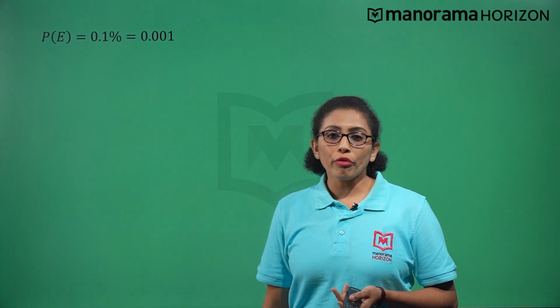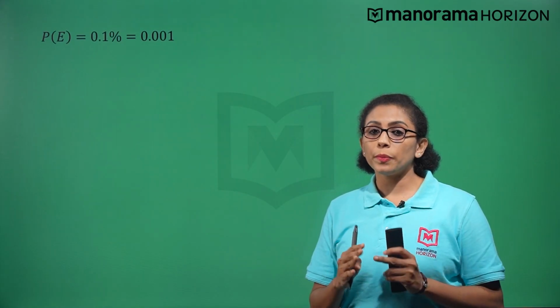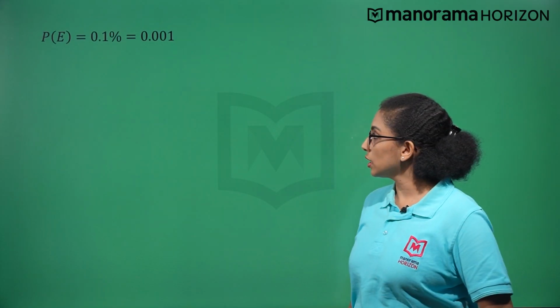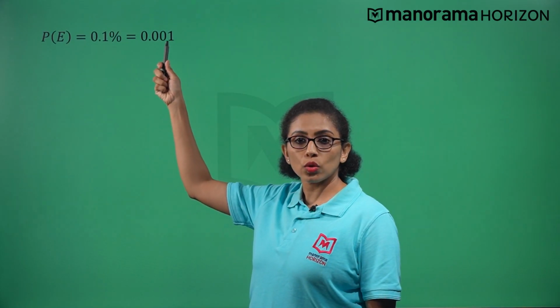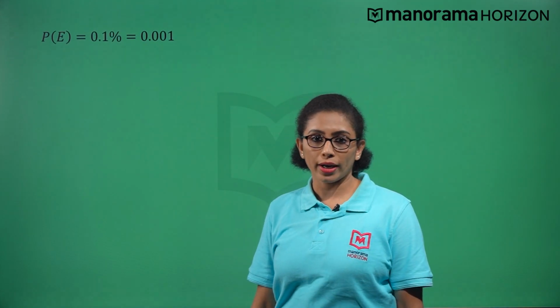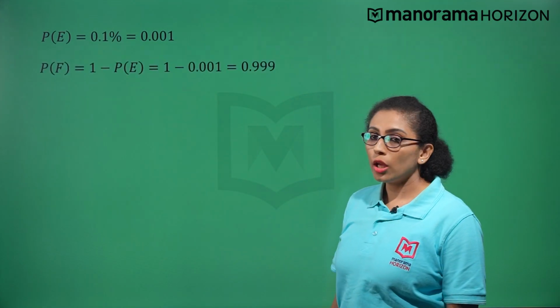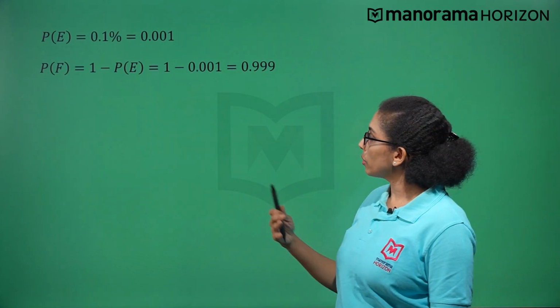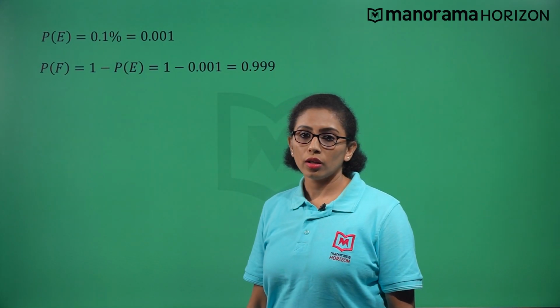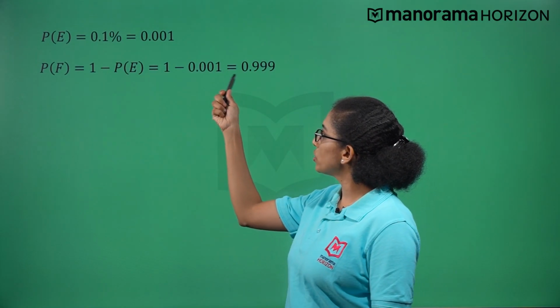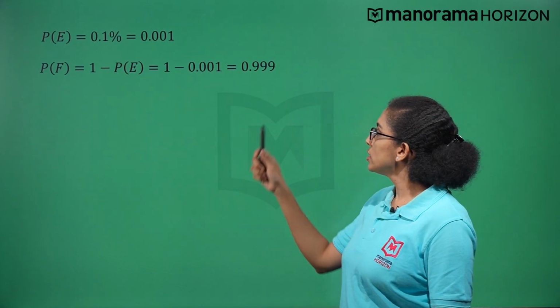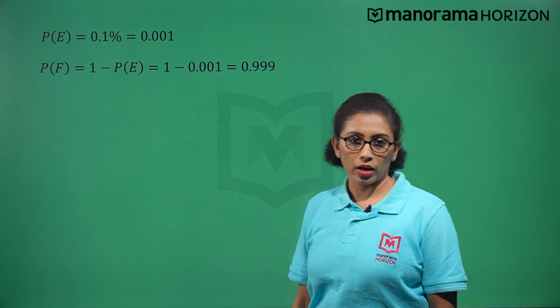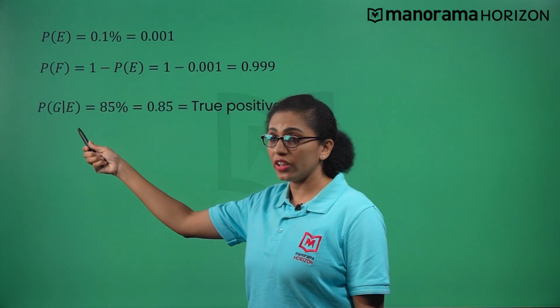So, what is P of E? P of E is the probability that the person selected has COVID, which is 0.1%, that is equal to 0.001. Now, what is P of F? P of F is the probability that the person selected does not have COVID, which can be found by 1 minus P of E. So, the answer is 1 minus 0.001, which is equal to 0.999. Now, what is P of G given E?